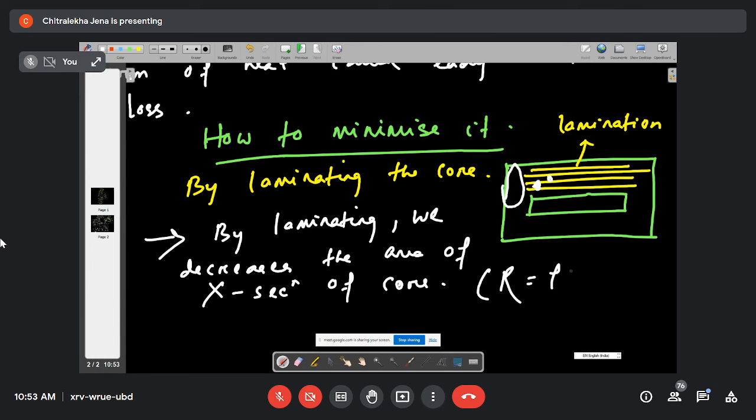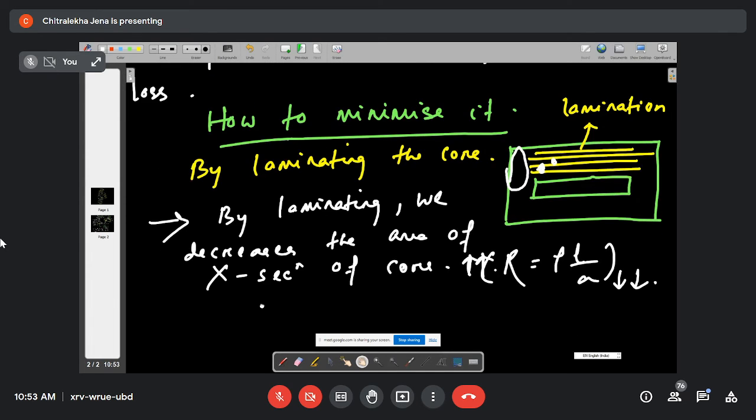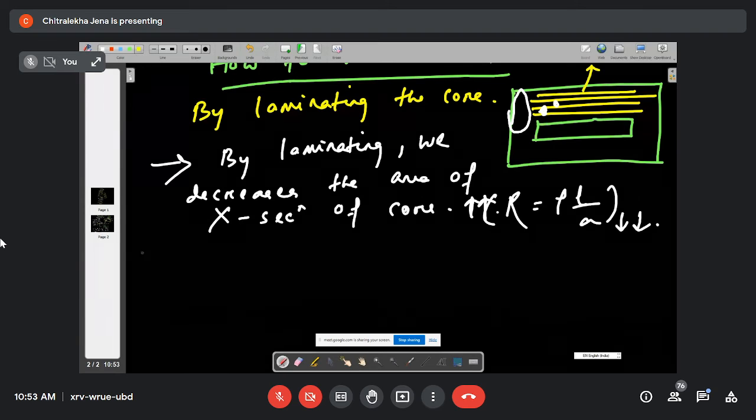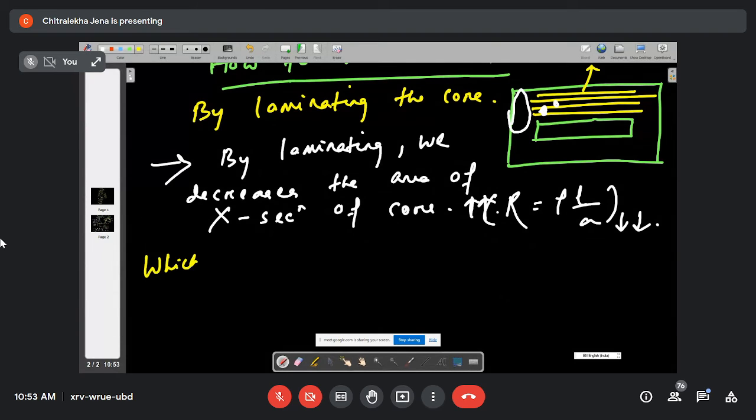So R is equal to rho L by A. If the area of cross section decreases, what happens to the resistance? Resistance will increase. Decreasing the area of cross section increases the effective resistance of the core.